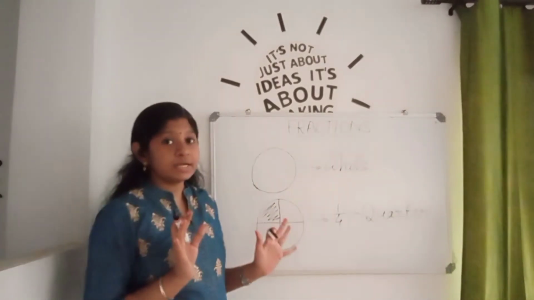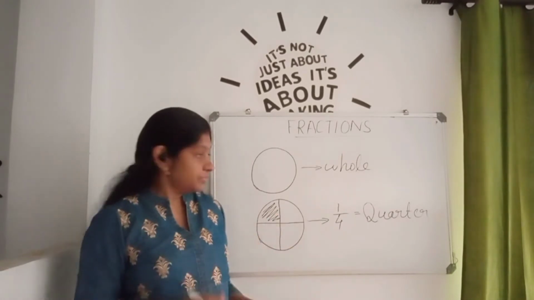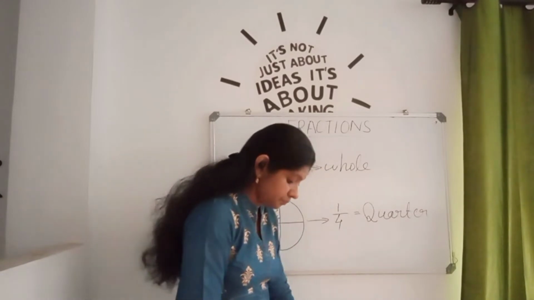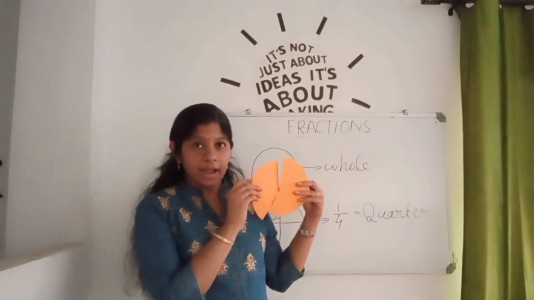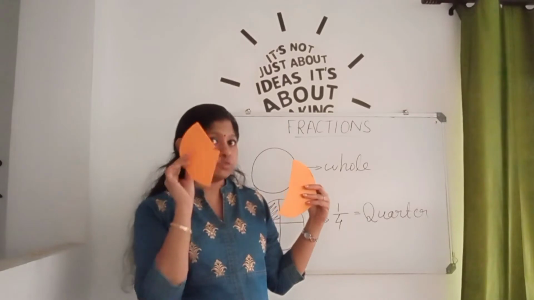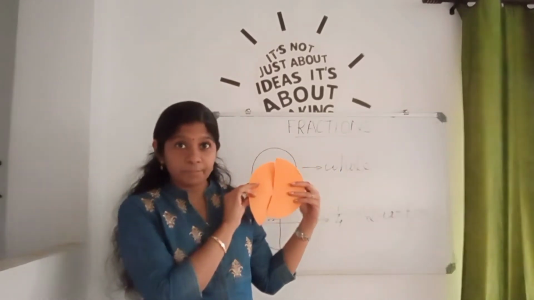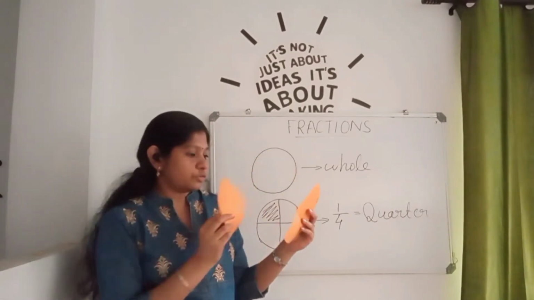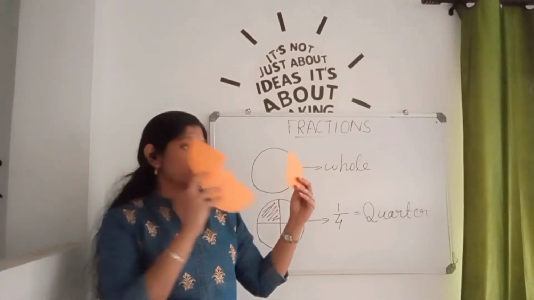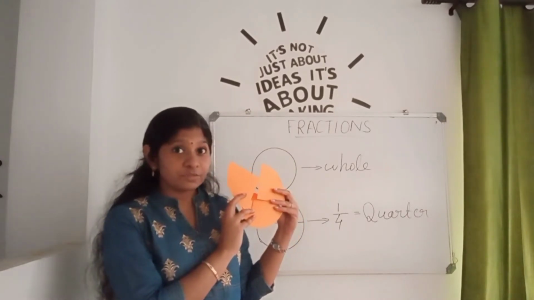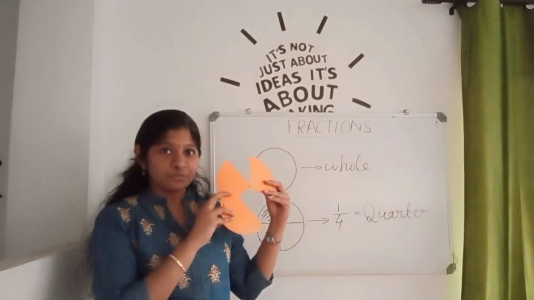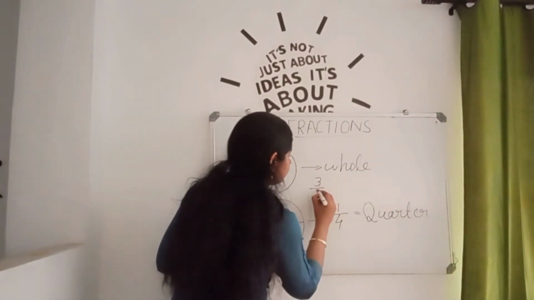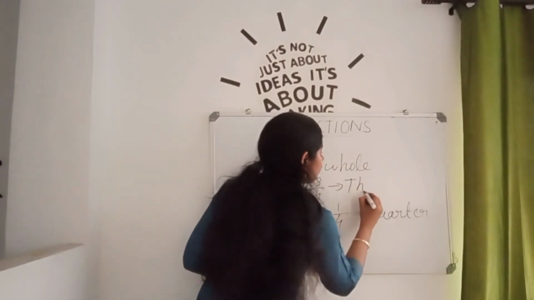So, already we have learned 1 by 2 is half and 1 by 4 is quarter. Now, suppose from these 4 parts I am taking 2 parts. So, what is the fraction there? 2 by 4. Now, suppose I am taking 3 parts out of these 4 parts. Then what is the fraction? 3 by 4. And this 3 by 4 is also known as 3 quarters.